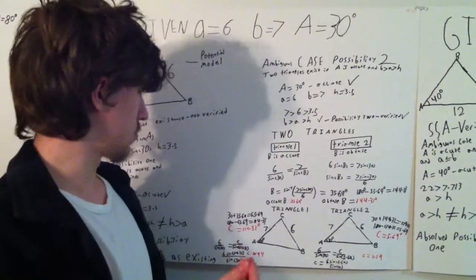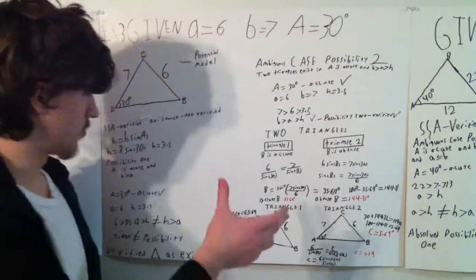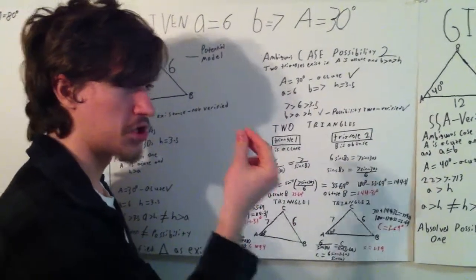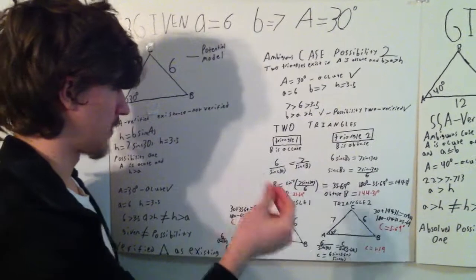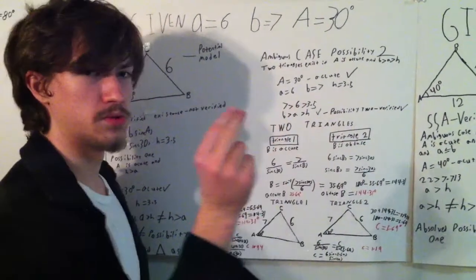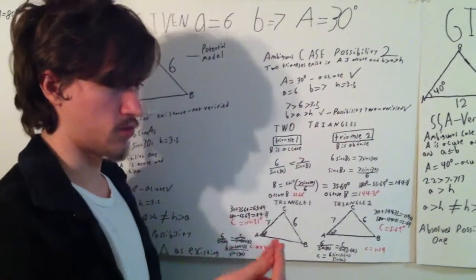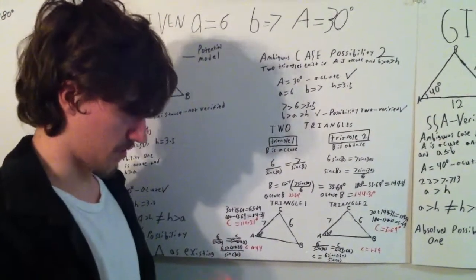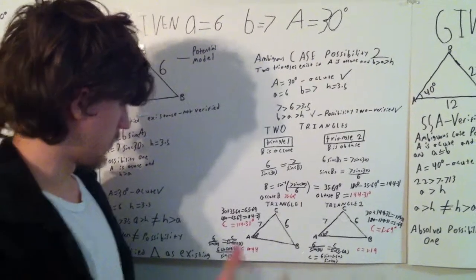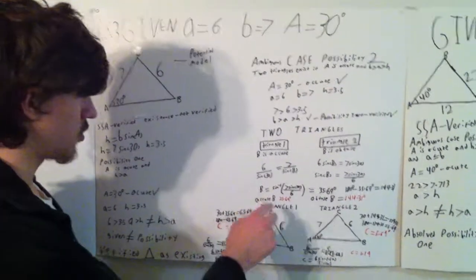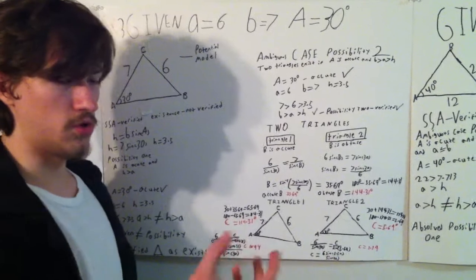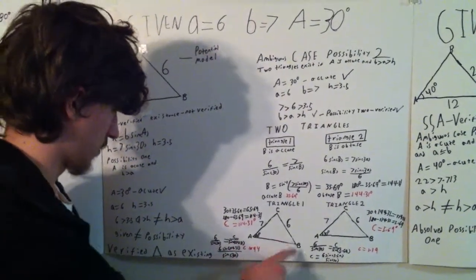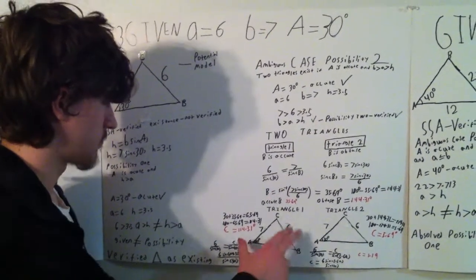And since we have two triangles, one of the triangles is going to have an acute angle B value, and the other triangle is going to have an obtuse angle B value. And you go about finding these two respective angle B values by this. You find the acute angle B value by using the law of sines as shown previously to find the angle value.